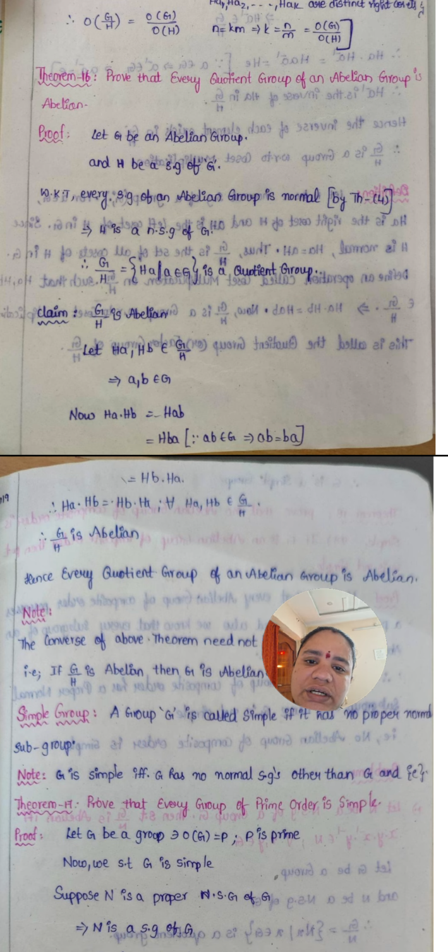Now we have to prove that G/H is an abelian group. Let Ha, Hb belong to G/H, with a, b belonging to G. Ha · Hb = Hab = Hba = Hb · Ha. Therefore Ha · Hb = Hb · Ha, so G/H is an abelian group. Therefore, every quotient group of an abelian group is abelian.